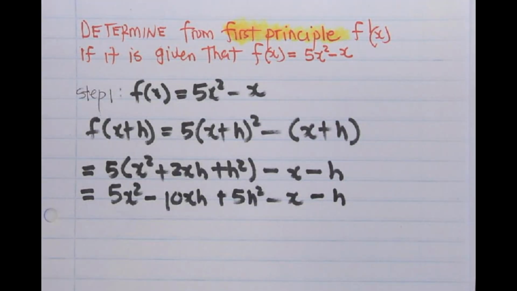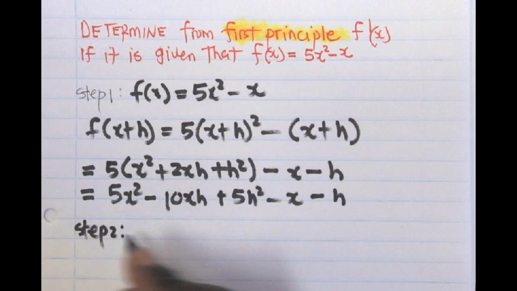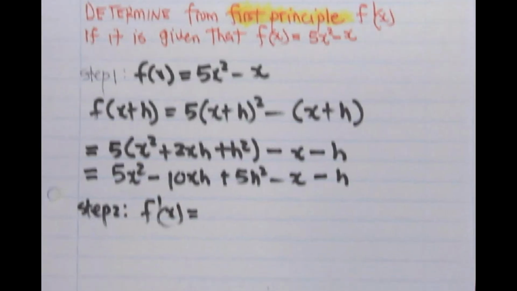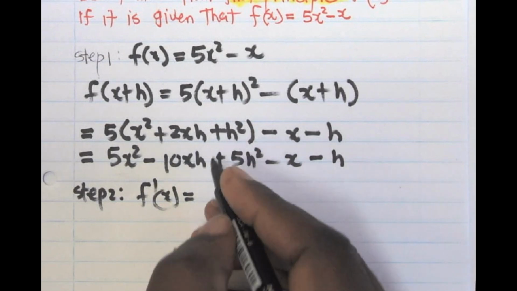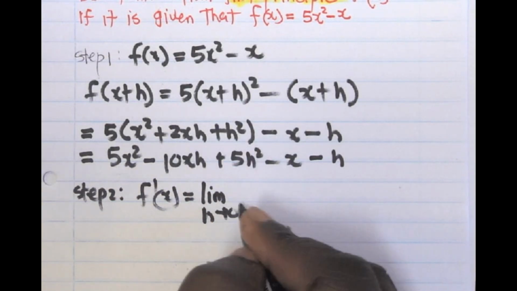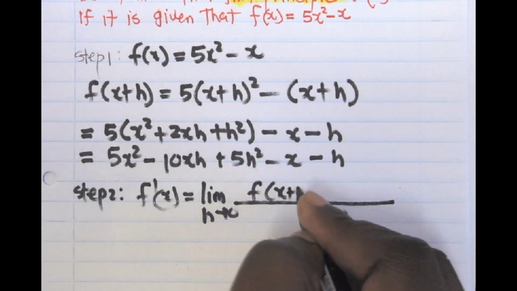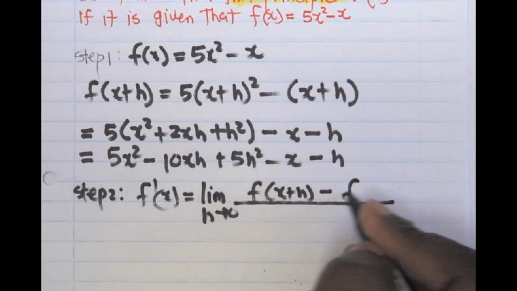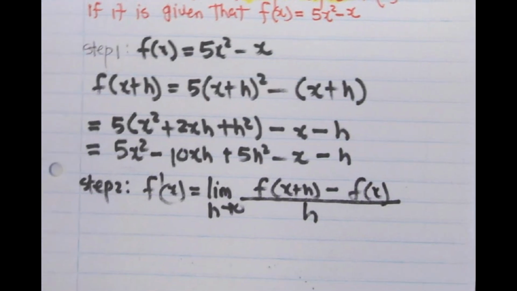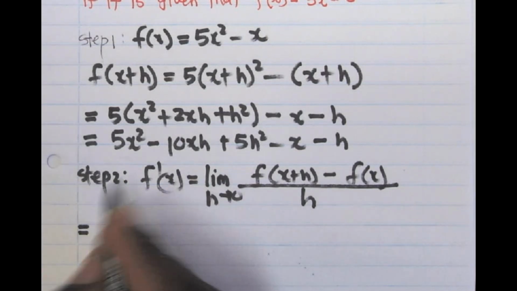When I go to step number 2, I begin by writing down the formula. And my advice would be always check the formula in the formula sheet there. Limit as h approaches naught of f of x plus h minus f of x, everything over h. Then I substitute. But when I substitute, I must also have the first part there.